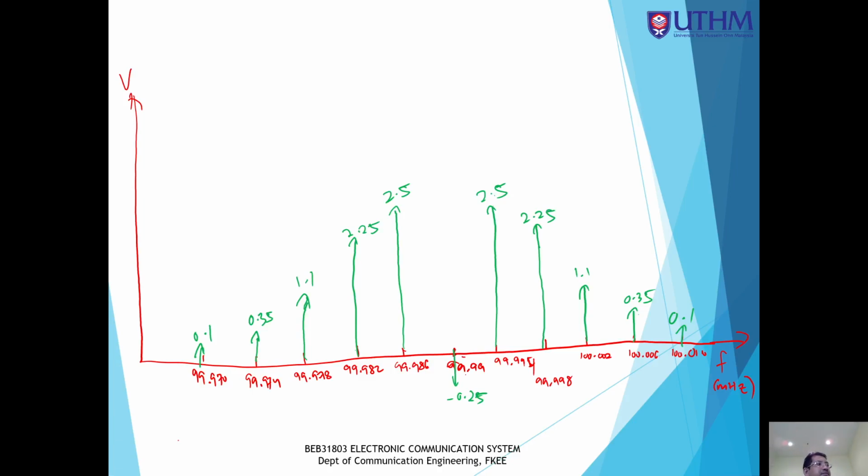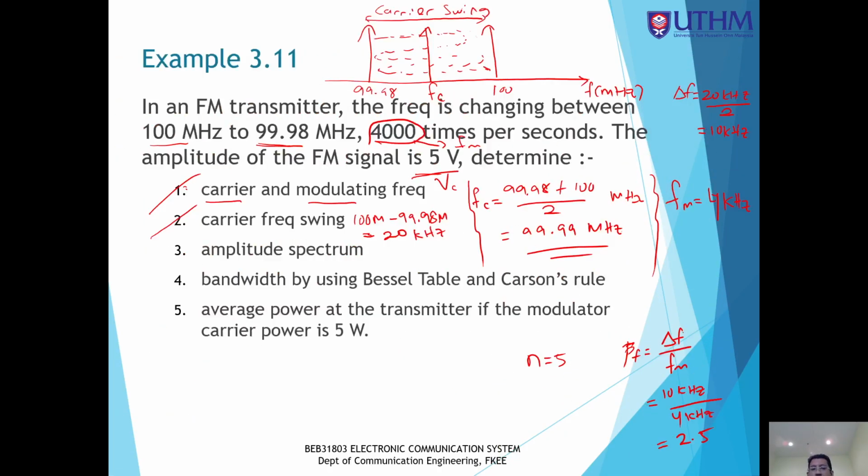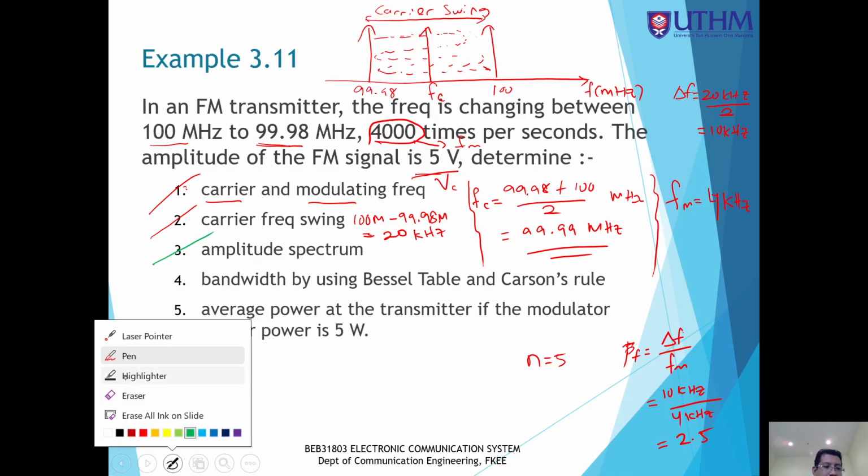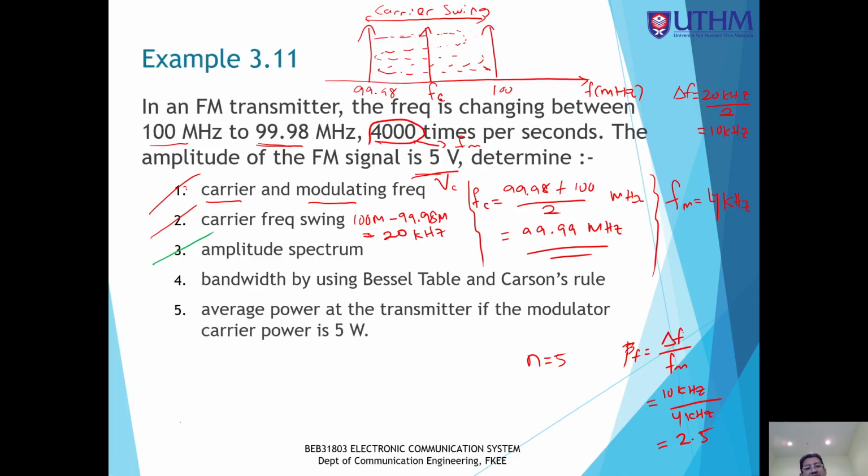And then what? Next, the question asks you to find the bandwidth by using the Bessel table and by using Carson's rule. So how to do this?